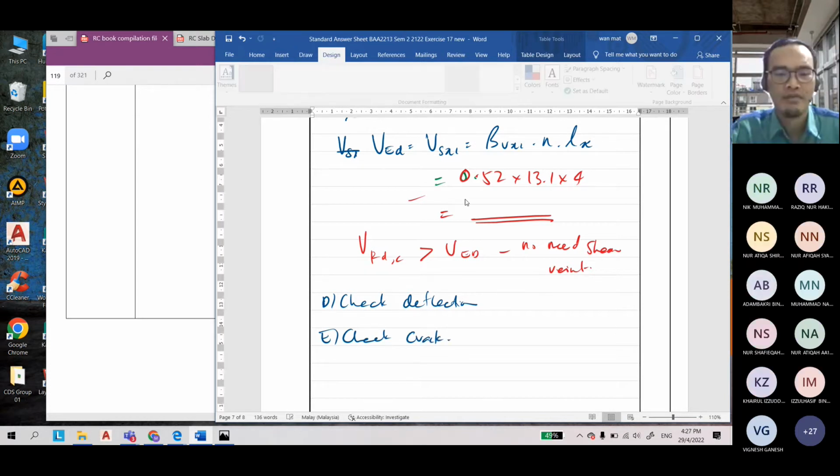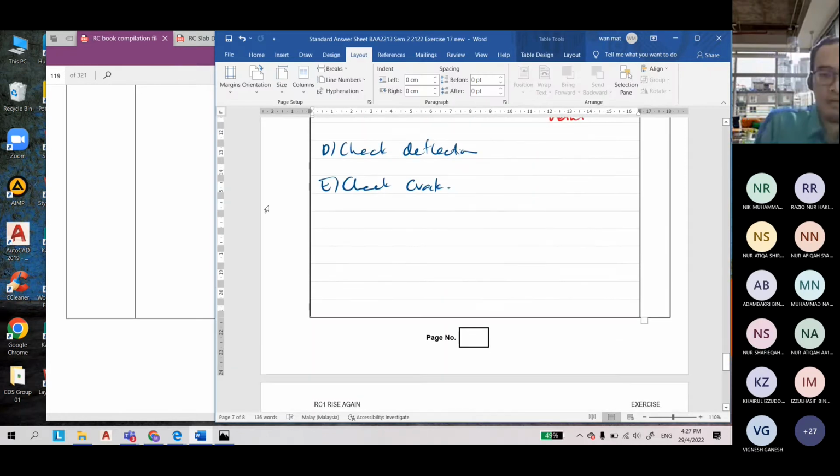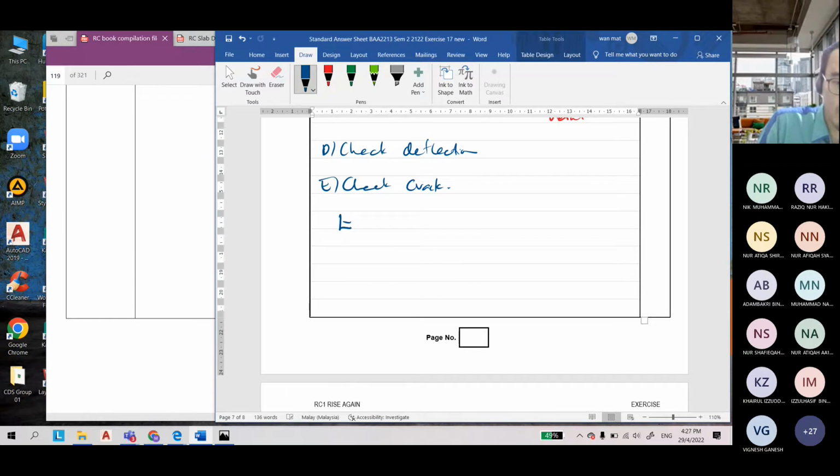Okay, this is the steps, and then okay, so bersempena raya ni, this is the duit raya I give you. This exercise number 17A.